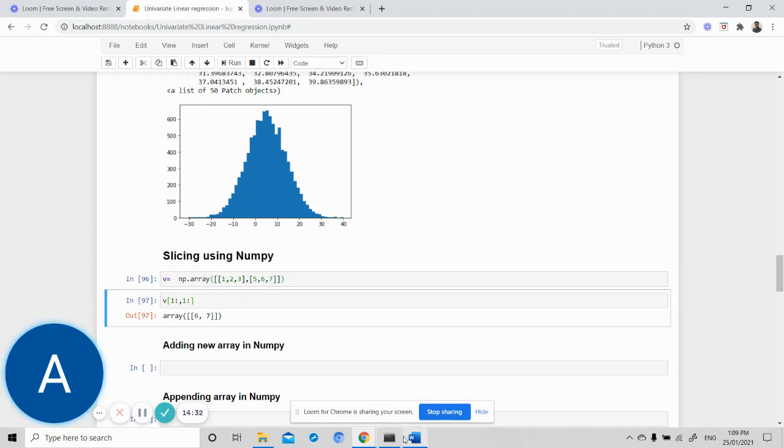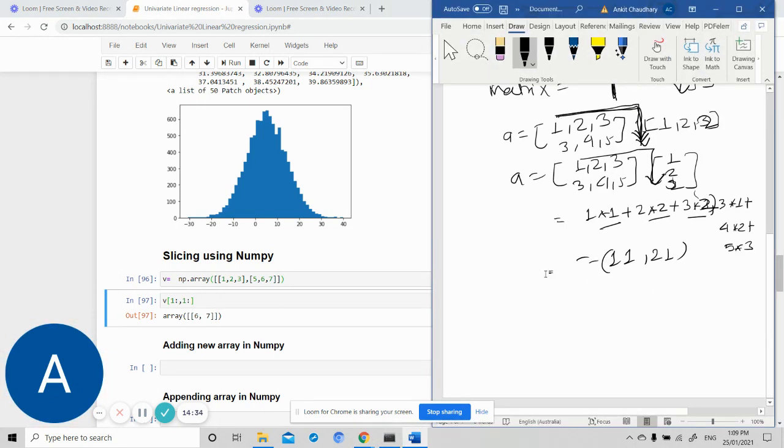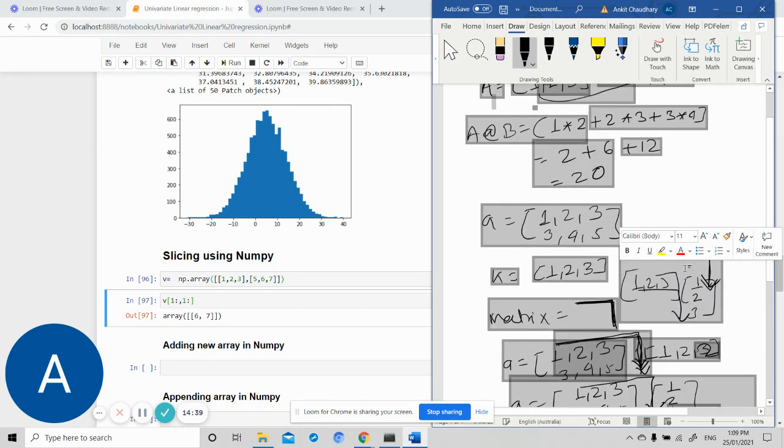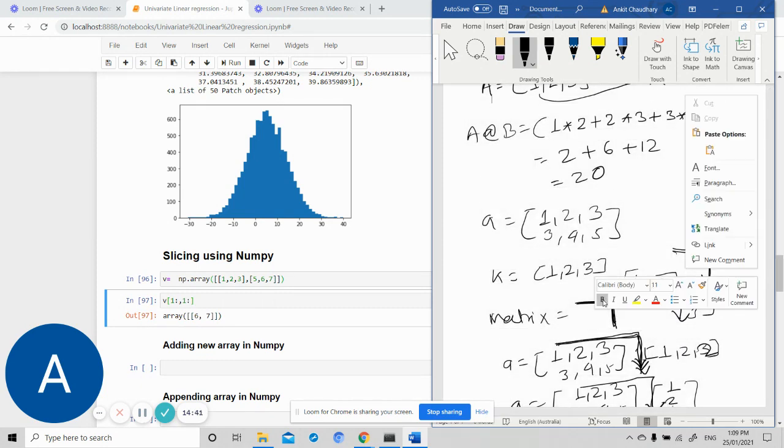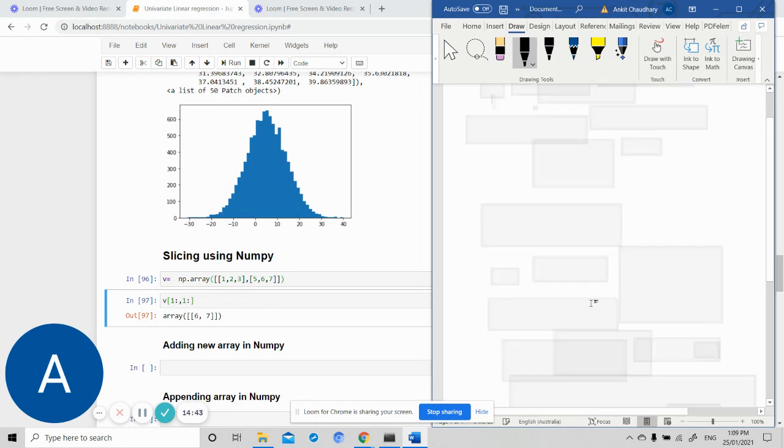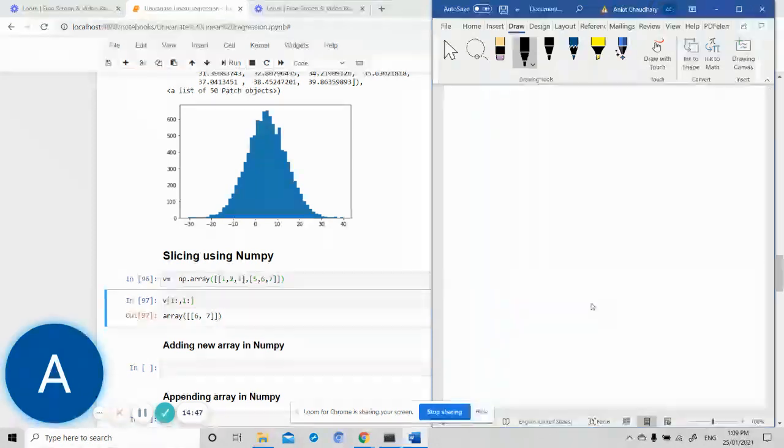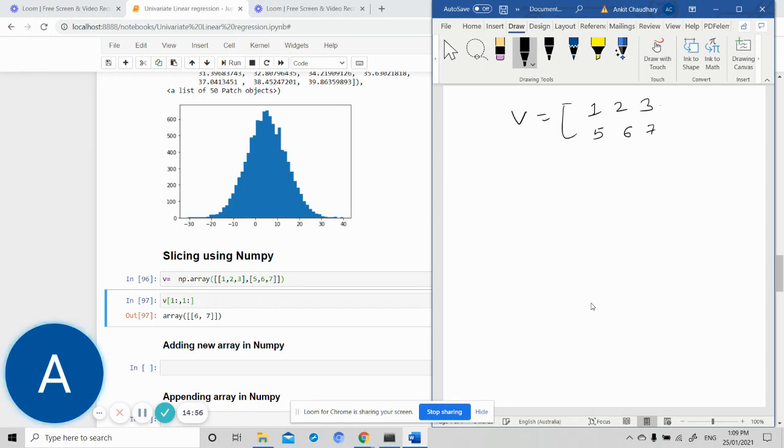How this works is, suppose we have 1 2 3 and 5 6 7.